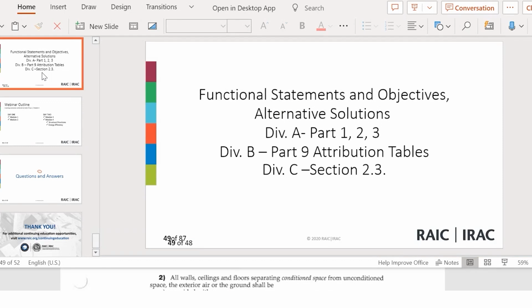Make sure you put tabs in your books or binders to identify the critical tables, critical appendices, tables of contents, major divisions, major parts, and some critical sections that you feel less comfortable with in terms of design. So that's my approach to the building code.